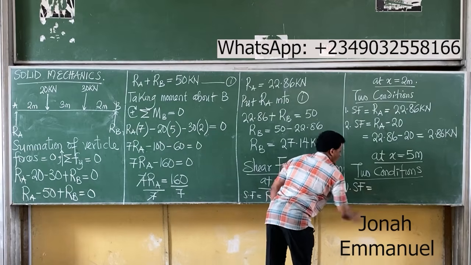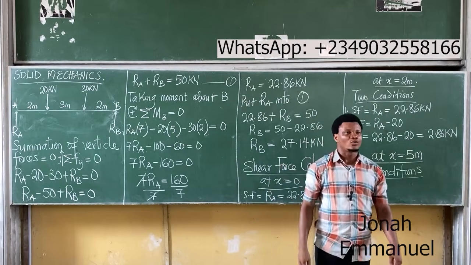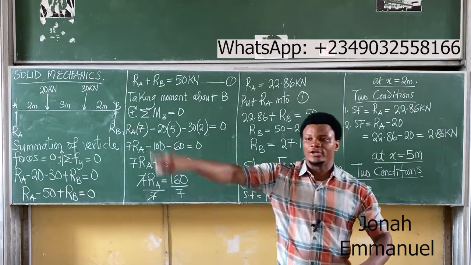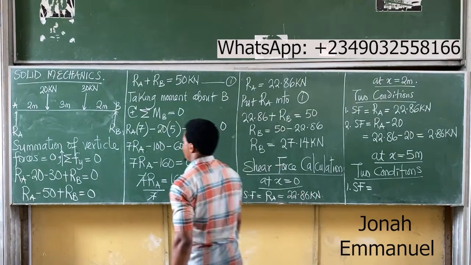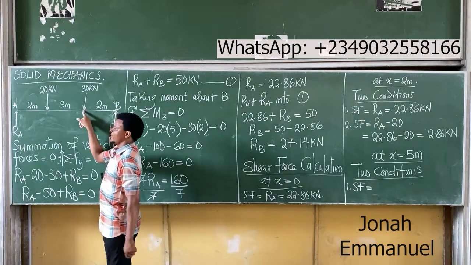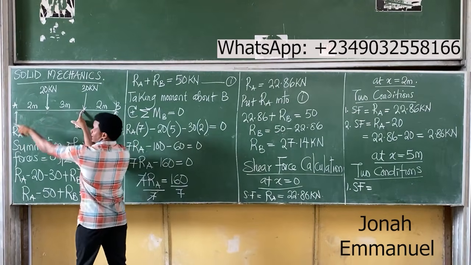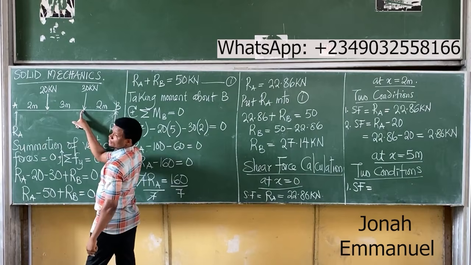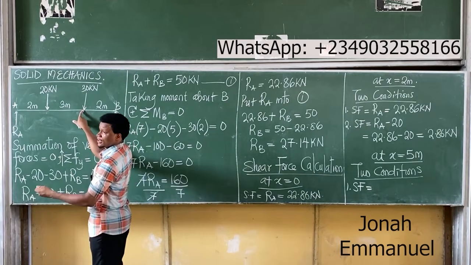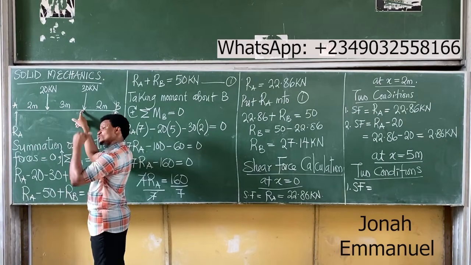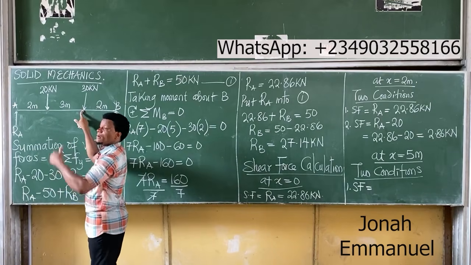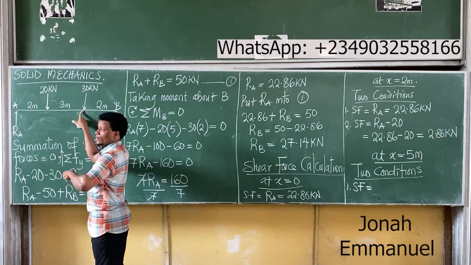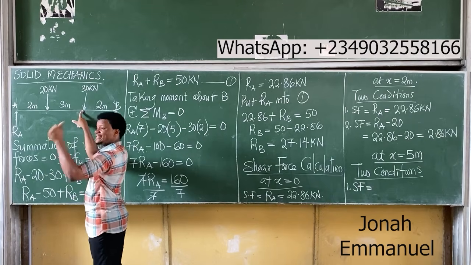Condition 1. What's the idea behind condition 1? All the forces before that point. Where's my 5 meters? This is it. Before this point, do I have forces here? How many? 2. RA and 20. RA is going up, so positive. 20 is coming down, so negative.